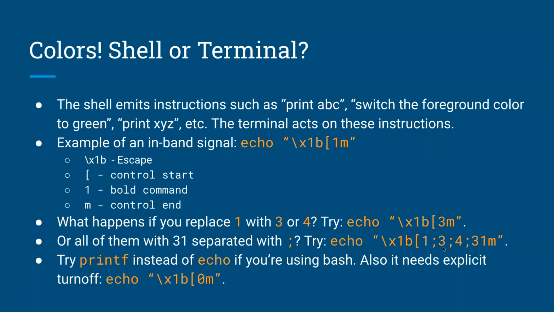One is bold, 3 is italic, I think 4 is underlined, and 31 is red color. So that's how the communication between shell and terminal happens. You can give it a try in your free time.